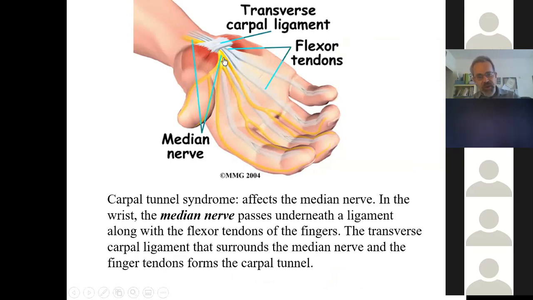You see this nerve travels underneath what's called the transverse carpal ligament, creates kind of like a tunnel. That's the tunnel they talk about. So if you have carpal tunnel syndrome, this nerve is inflamed. So what doctors typically have to do, they have to cut at least part of this ligament to relieve the pressure on that nerve.